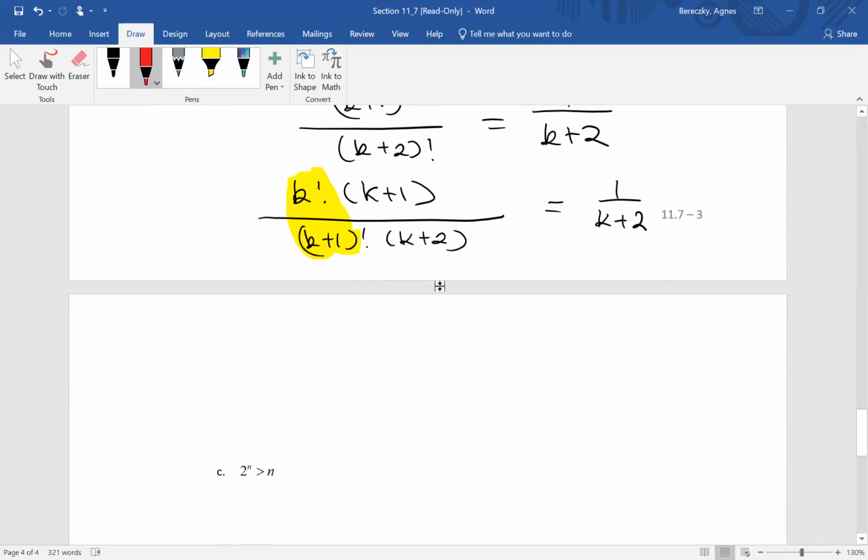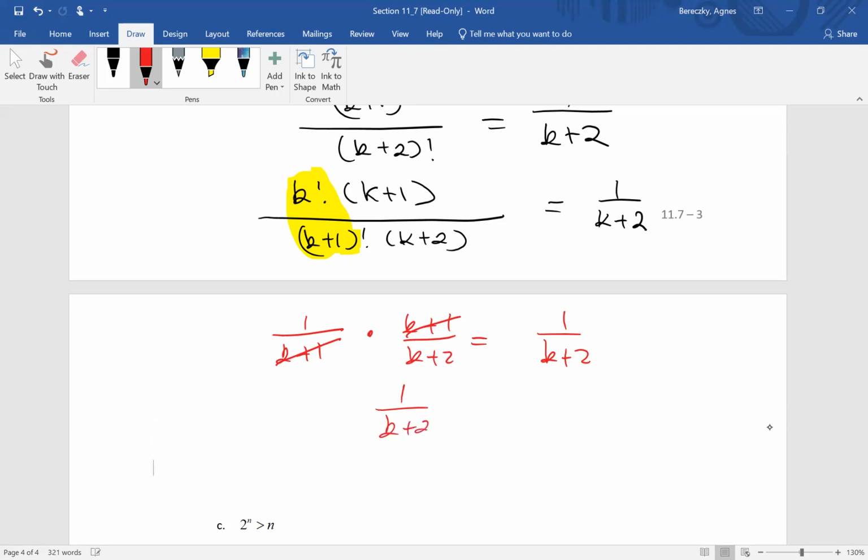So if I replace the highlighted part with the 1 over k plus 1 times k plus 1 over k plus 2 equals 1 over k plus 2, we can recognize that if I simplify the k plus 1 with the k plus 1, I do get 1 over k plus 2 equals 1 over k plus 2 on both sides. So we prove that the statement is true.